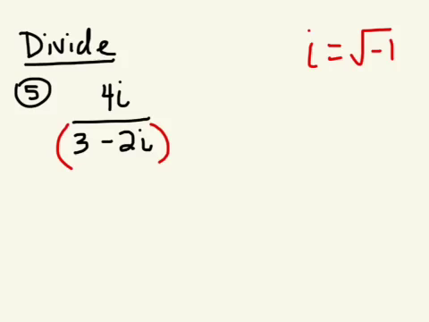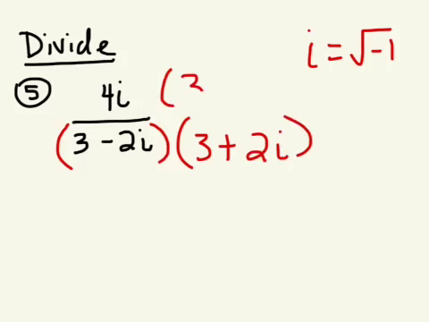Remember, a conjugate is the same binomial where the middle sign is changed to the opposite. So the conjugate of 3 minus 2i is 3 plus 2i. So I multiply the top and the bottom by 3 plus 2i, and I can rationalize my denominator.